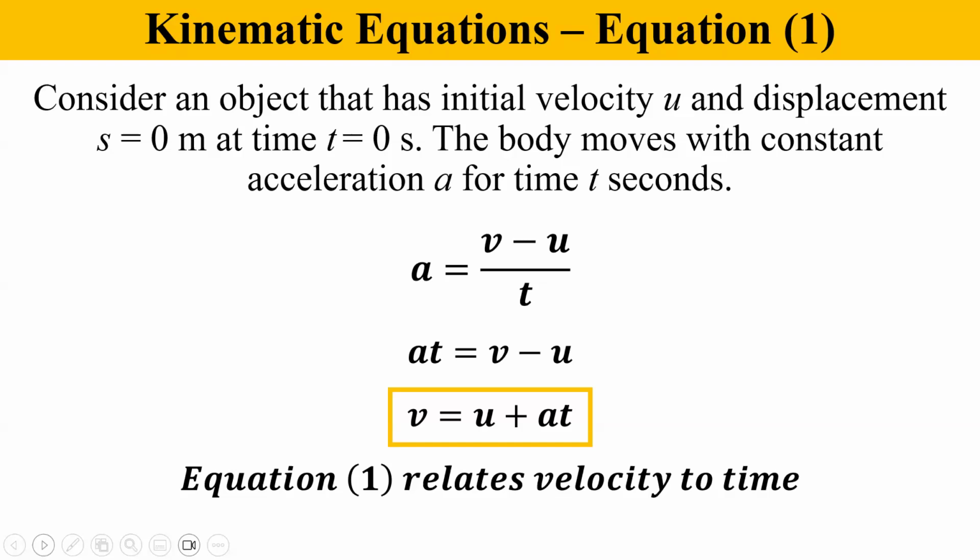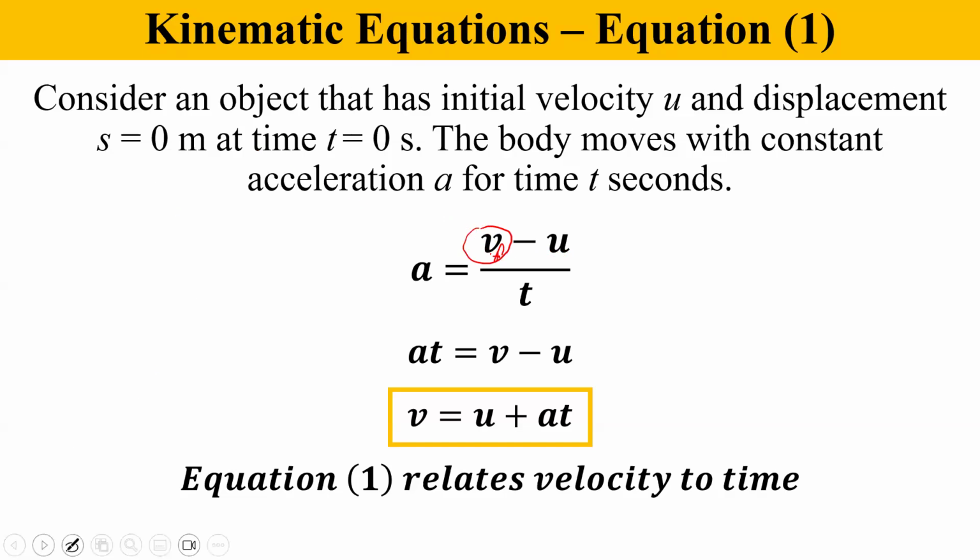And from this, we can formulate an expression which says your acceleration is equal to your final velocity minus u, your initial velocity. Sometimes I write v, this fancy v, to represent final velocity.